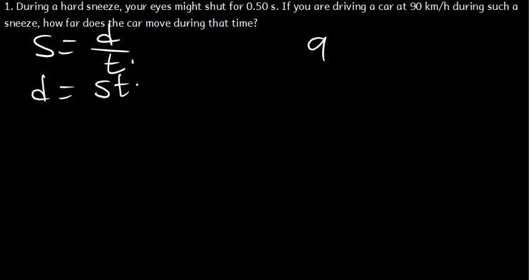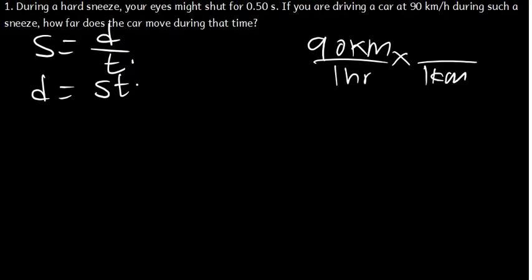Now converting this, we are going to use dimensional analysis, where we're going to say in 90 kilometers there is 1 hour. Now in 1 kilometer there is 1000 meters. Then again in 1 hour, how many seconds do we have? In 1 hour we have 3600 seconds.